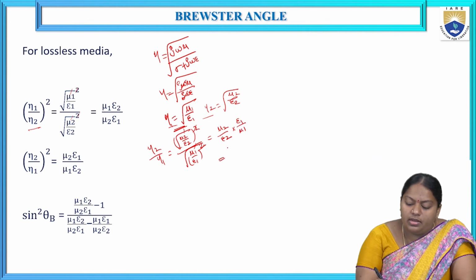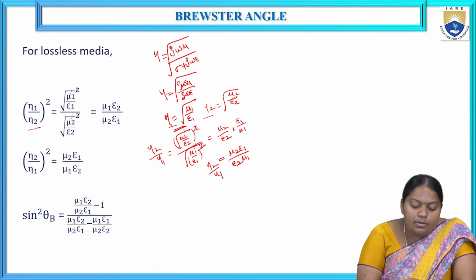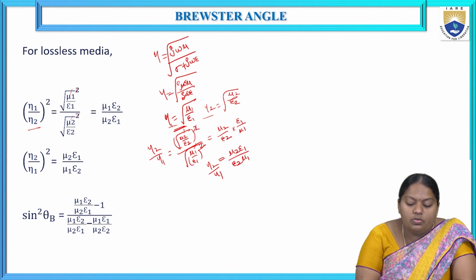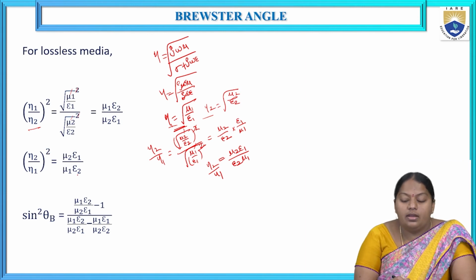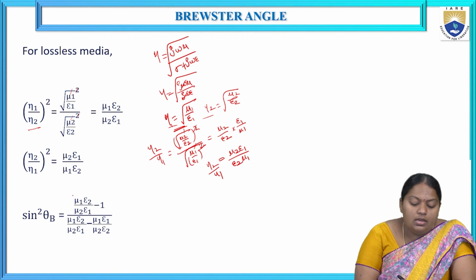Collectively, eta 1 by eta 2 whole square equal to mu 1 epsilon 2 by mu 2 epsilon 1. Now the ratio is reversed, hence eta 2 by eta 1 whole square equal to mu 2 epsilon 1 by mu 1 epsilon 2.